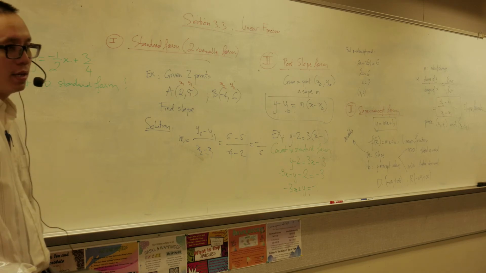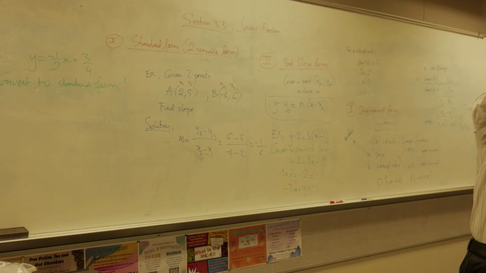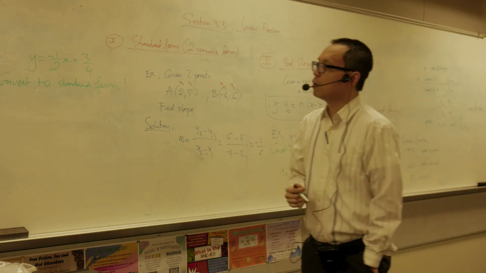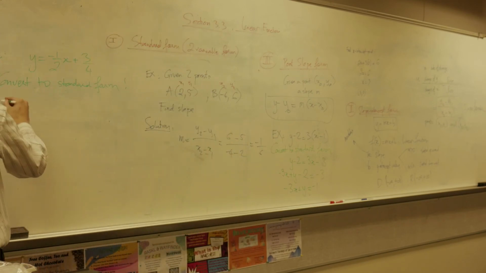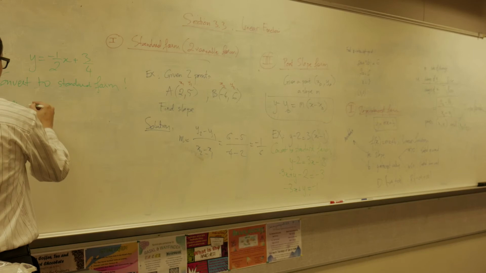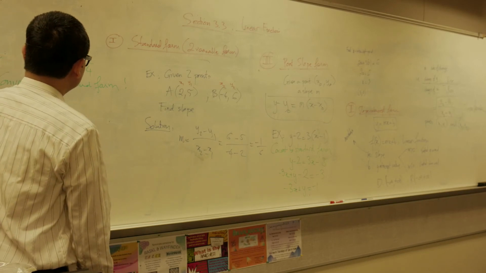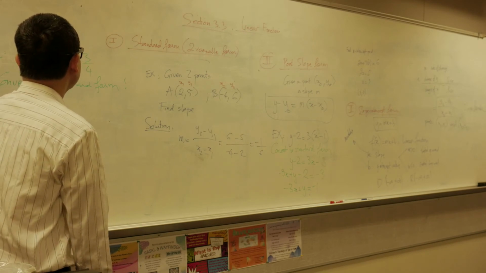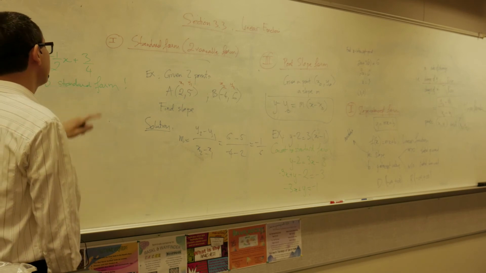We try to avoid a fraction, okay? So I'm trying to get rid of the fraction over here. So what I'm going to do, I'm going to multiply both sides by 2 to get rid of the 2.